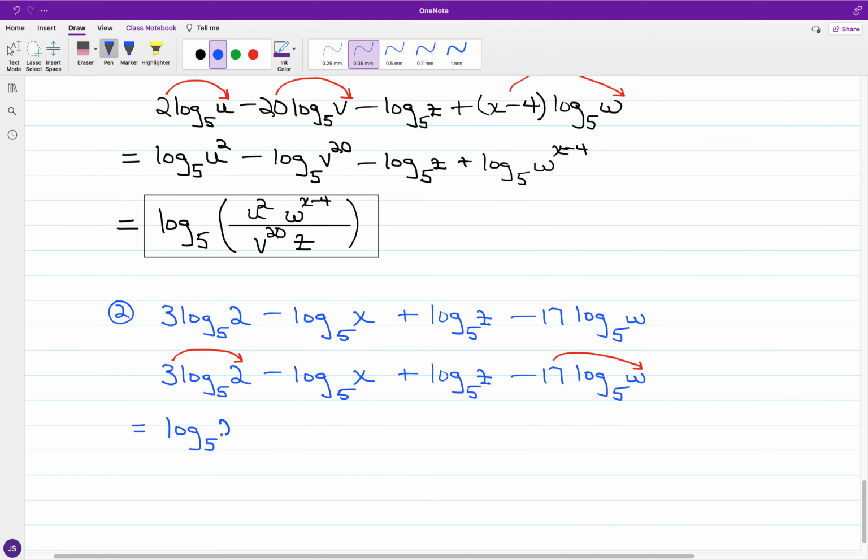So I had the base 5 logarithm of 2 to the third, minus the base 5 logarithm of x, again plus the base 5 logarithm of z, and minus the base 5 logarithm of w to the 17th.